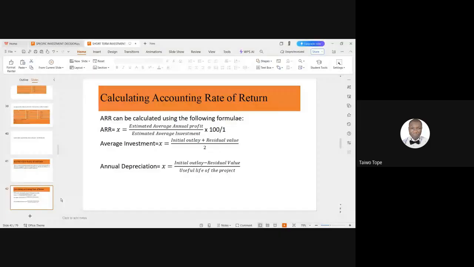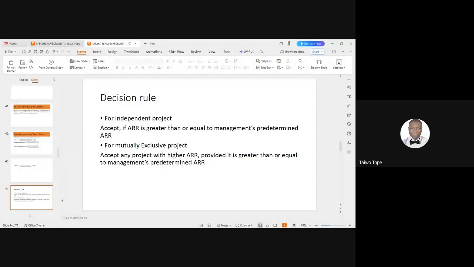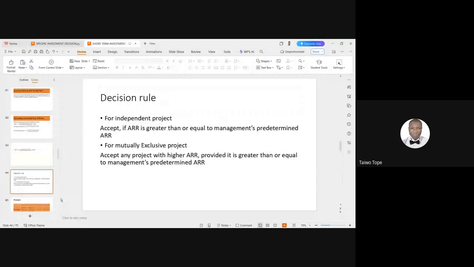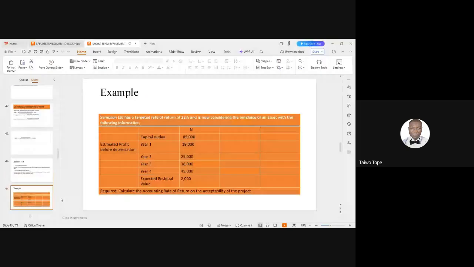Let's see if I have an example here. Samsung Limited has a targeted rate of return of 22% and is now considering the purchase of an asset with the following information.